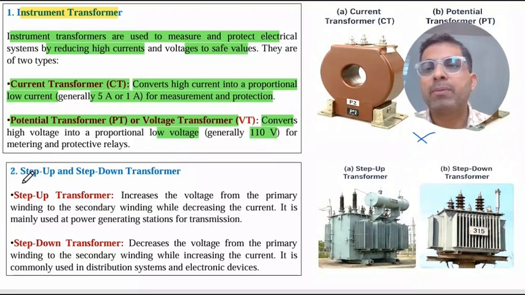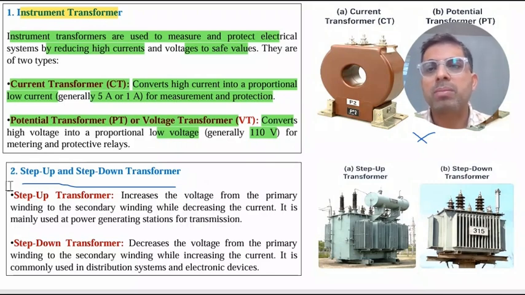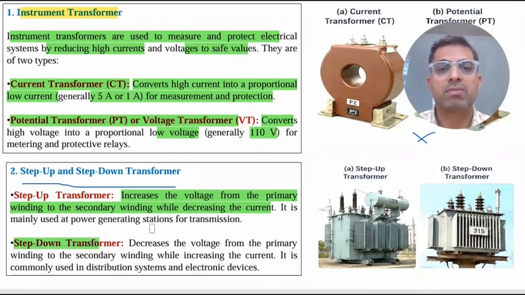Okay, so the second type of transformer, very important, is the step up and step down transformer. Now the word itself indicates its meaning. स्टेप अप मतलब क्या करना है? अगर आपको वोल्टेज इंक्रीज करना है तो you have to go for the step up transformer. So it increases the voltage from the primary winding to the secondary winding while decreasing the current, right? And what is a step down transformer? मतलब मेरे पास एक एप्लीकेशन है, उसको 5 वोल्ट ही लगता है और मेरे पास अवेलेबल कितना है? 230 वोल्ट. ओके, तो अगर उस टाइप का कन्वर्जन करना है तो you have to go for the step down transformer, right?